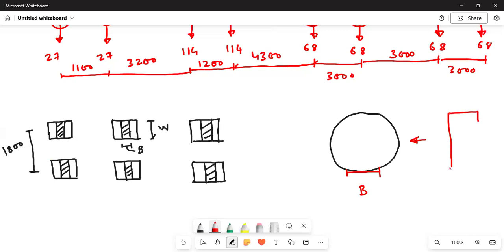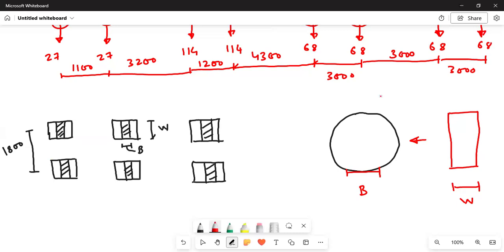So W is the width of the tire, and B is the distance of the contact surface. You can continue and draw. There will be two wheels for each axle load, and you can draw the wheels for other loading also.